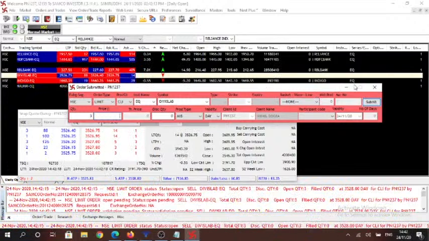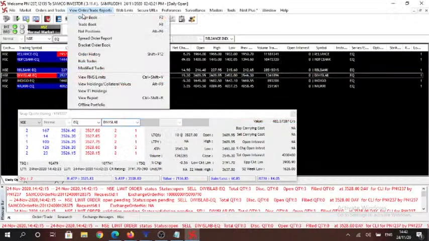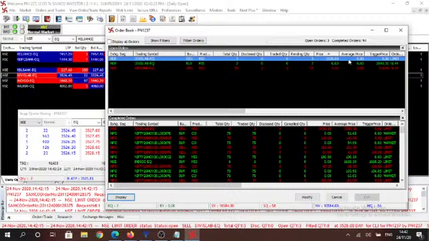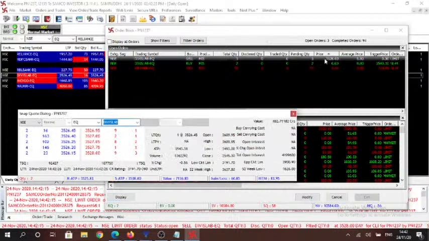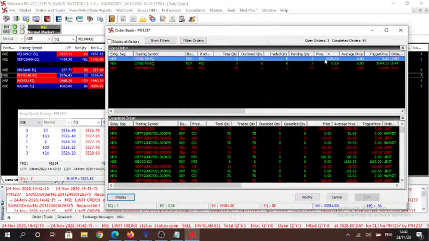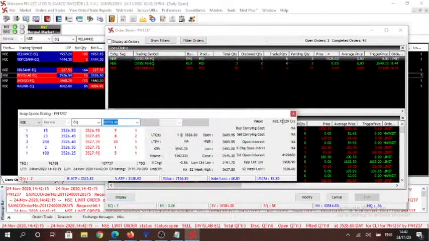Let's see if we get a fill. Place an order for 3 shares at 3528. Let's see if we get filled. Nope.